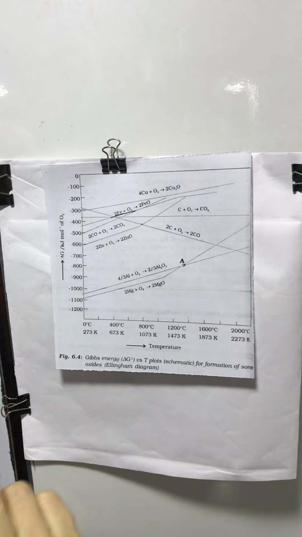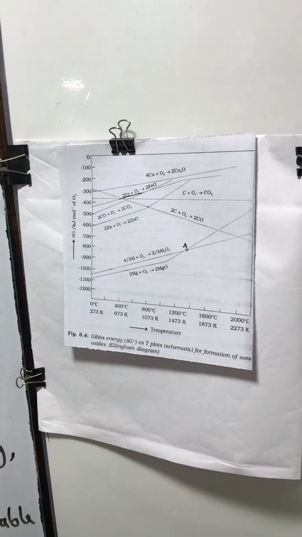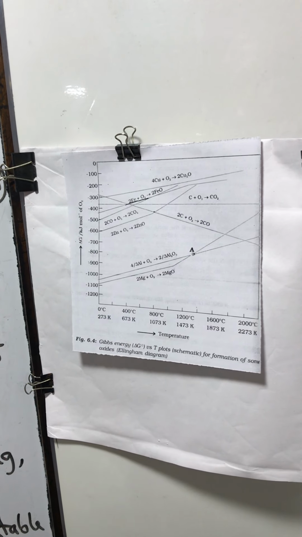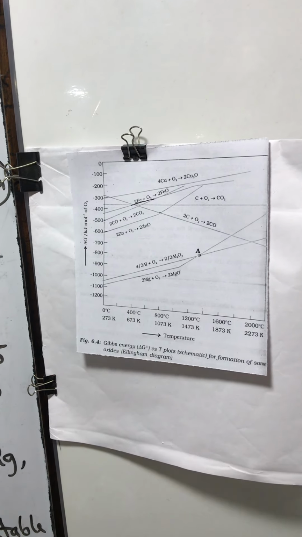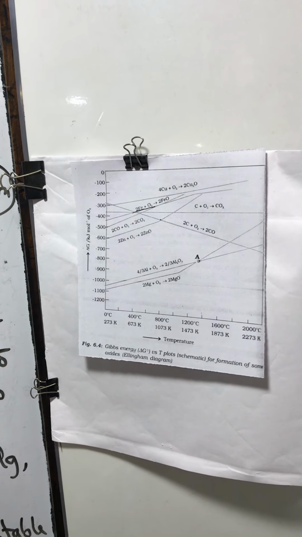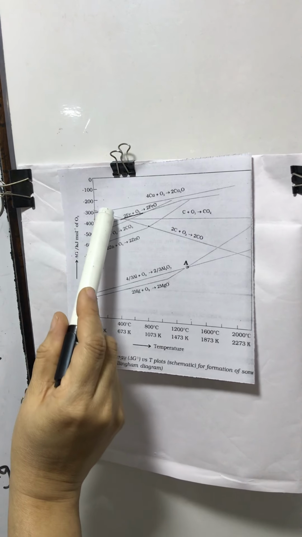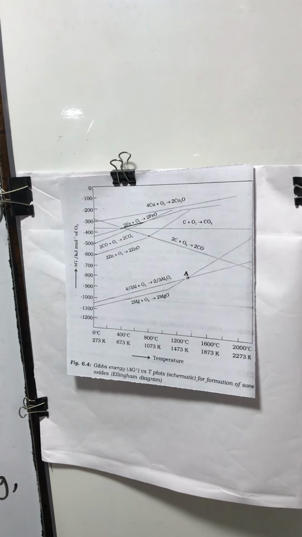Aluminium oxide, graph upwards. Zinc oxide, upward. Copper oxide, it's going in the upward direction. Slope is becoming less negative, or slope is becoming positive, going in the upward direction. That means formation of the metal oxide is becoming less spontaneous. But you will see that this graph for the formation of carbon monoxide is coming in the downward direction.